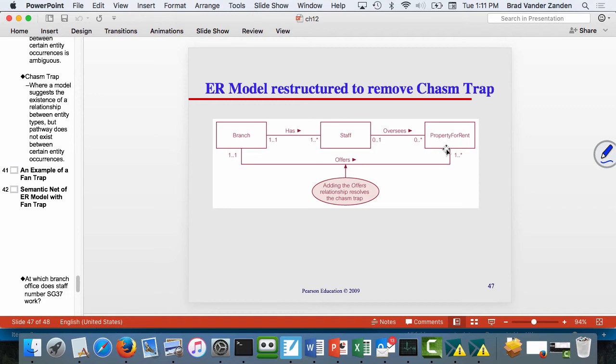Now it introduces another problem. Can anyone tell me what is the problem this solution introduces? So think about what information a property for rent is keeping.